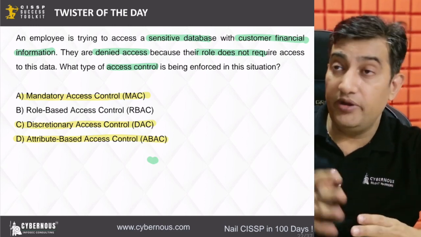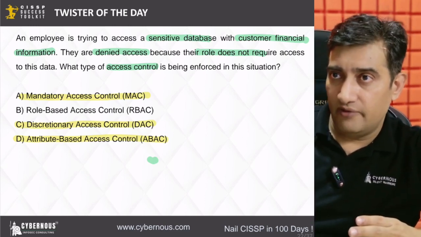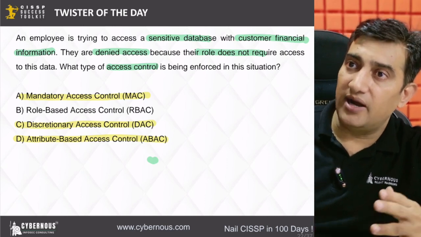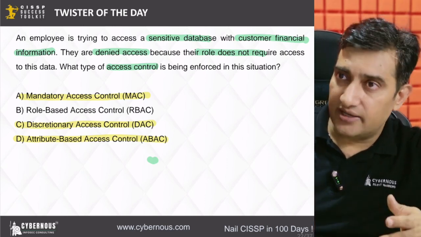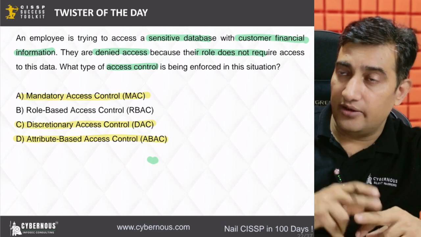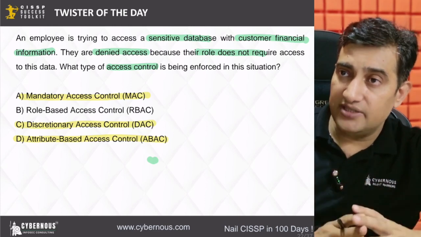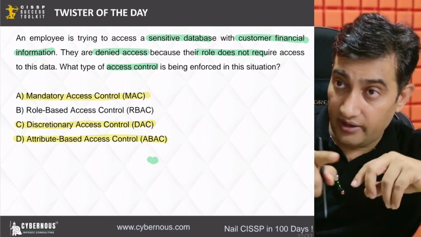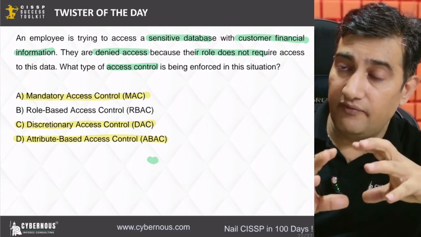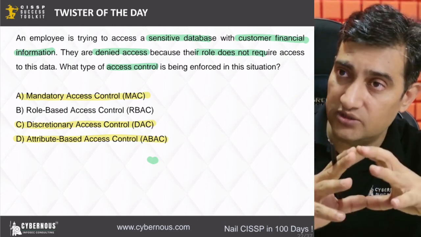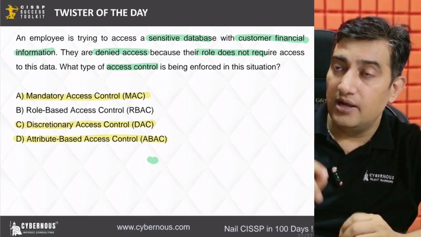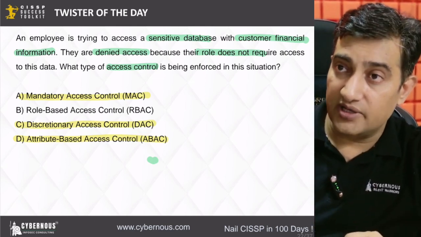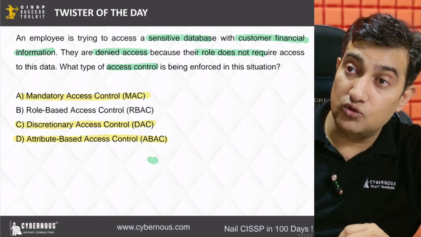And then we also create groups which are based on maybe department or project, and based on those roles we create certain groups and we assign privileges to those groups.